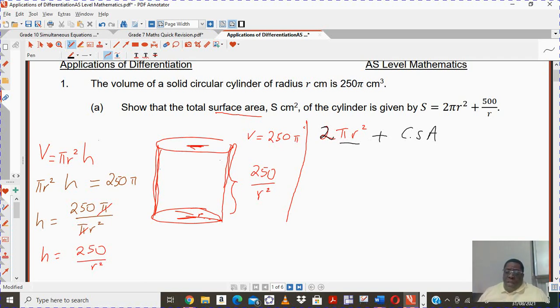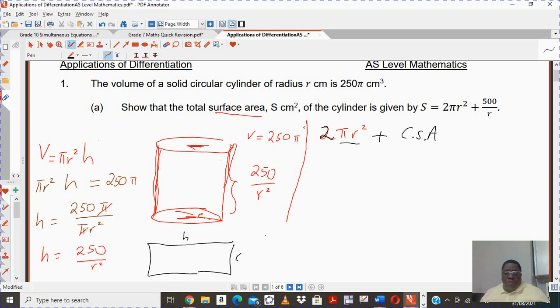Since there are two, the CSA that I wrote here, that is the curved surface area. And if you were to take the curved surface area, think of this as a piece of paper, okay? And the piece of paper is actually going to be like the circumference. So it is whatever this height is, this distance here, times the circumference.